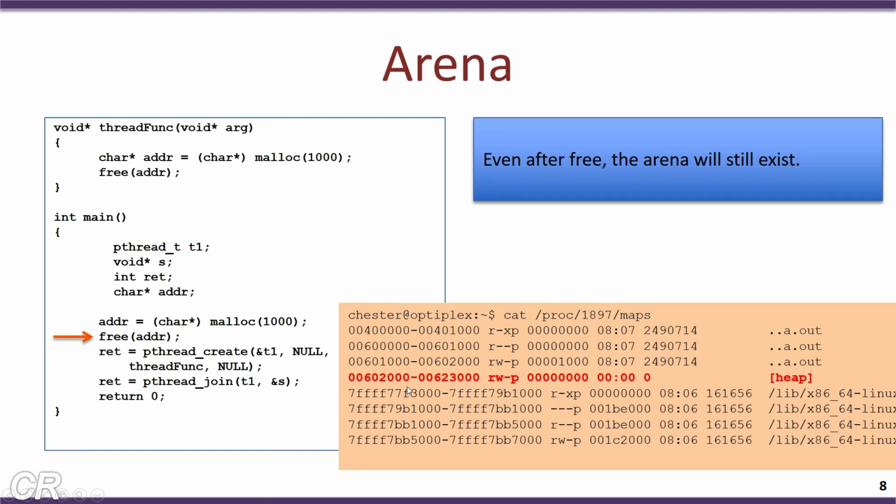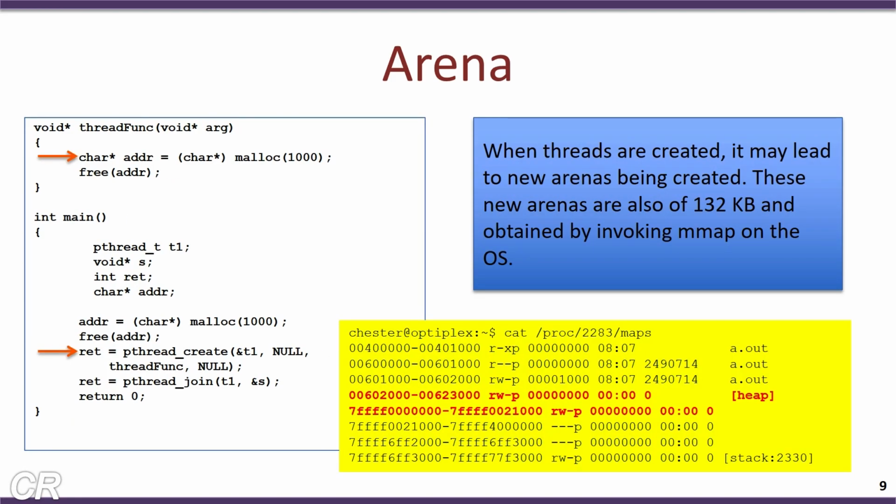Even though the heap is not being used by this program at this instant, nevertheless, the heap segment is still present in the virtual address space of the program. Next, we will see what happens when you actually create a thread.